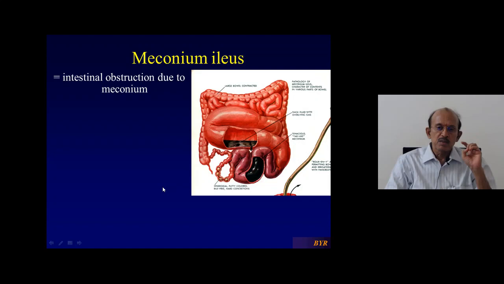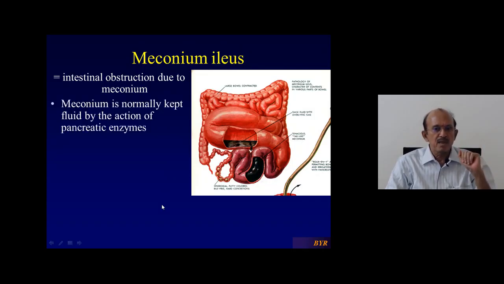Okay, this meconium causing ileus. Ileus means intestinal obstruction. So how can this meconium, which is a normal production in the body, cause ileus? Let us see. Meconium is normally kept fluid by the action of pancreatic enzymes. The pancreatic enzymes are continuously being secreted by the pancreas.